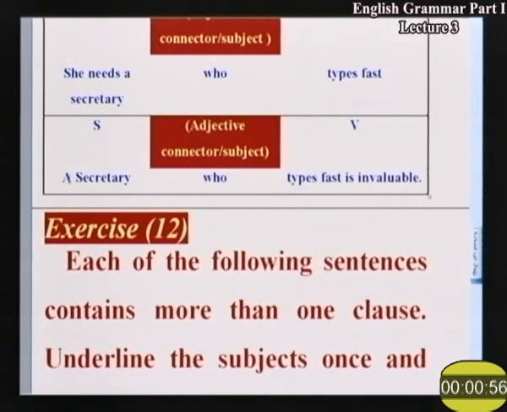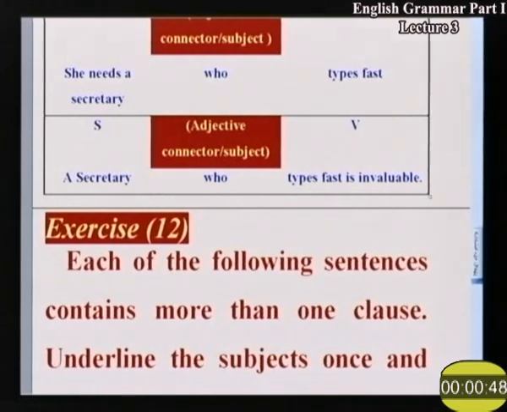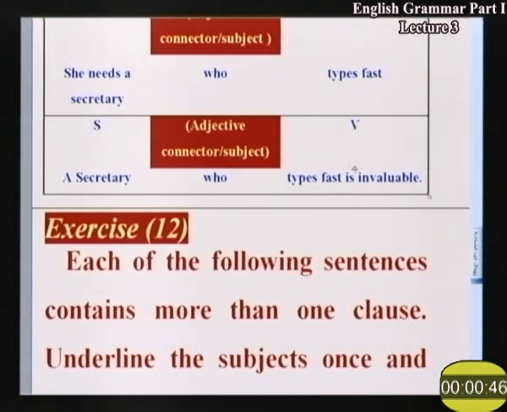A secretary أنا عندي هنا بس subject والadjective clause describes the subject. طيب a secretary who types fast هي دي الadjective clause is invaluable. A secretary is invaluable. Who types fast? Who subject, types verb, that is an adjective clause for the word secretary.